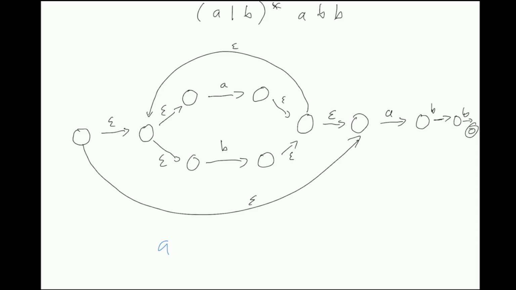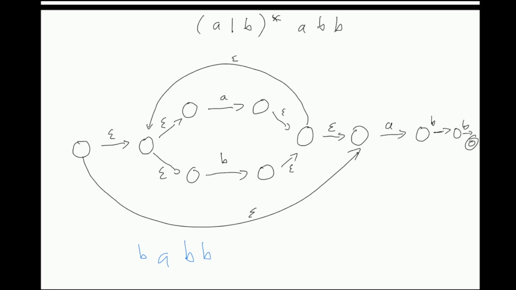I think we had, let's do BABB. So first of all, does this string match our regular expression? It does, right? So it's zero or more A's or B's followed by ABB. So we have zero or more A's or B's here followed by ABB. So let's look at the state transitions here.